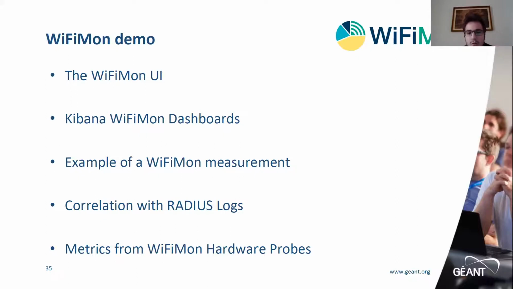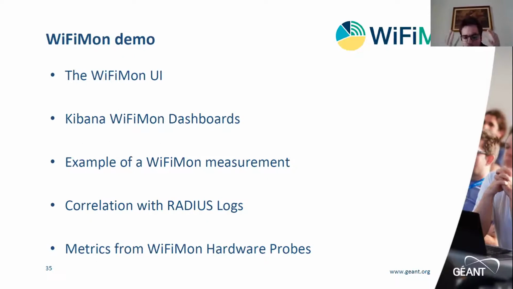Then we are going to trigger a WiFiMon measurement against the WiFiMon test server. You will see that the results are not very good, but please bear in mind that this test server is located at Switch in Lausanne, and I am performing the measurements from Athens.